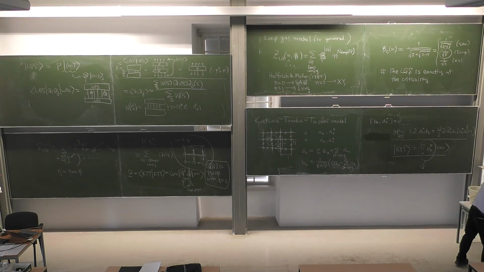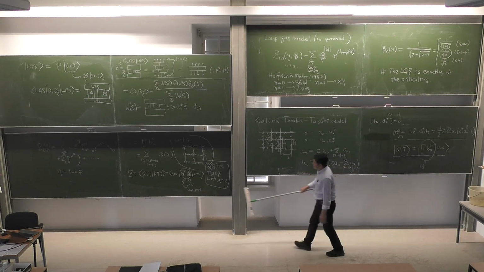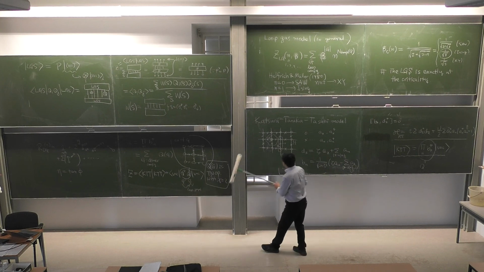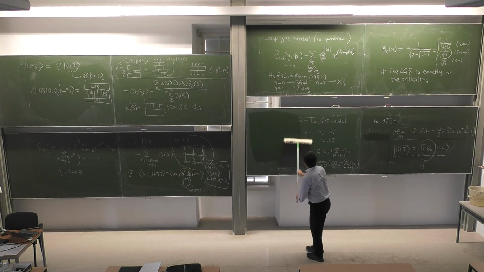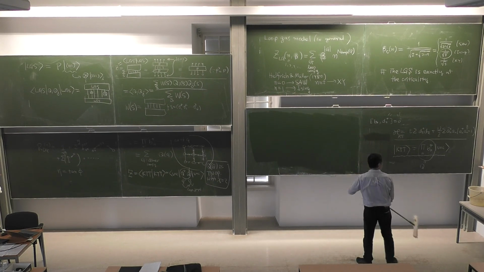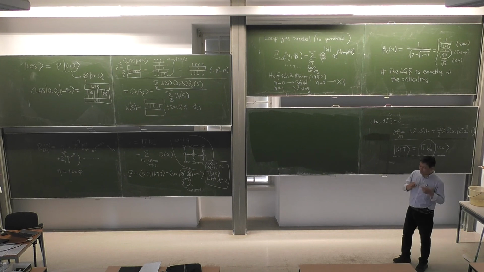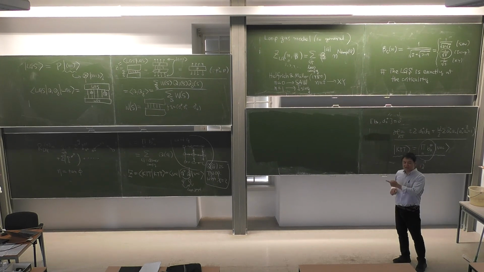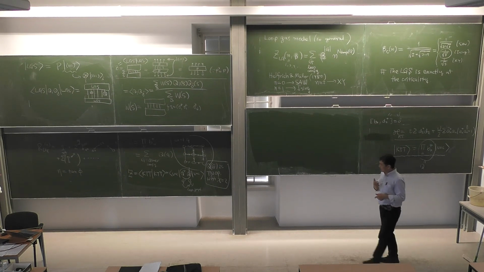I'm skipping details here, but in the end, you can express this part by a loop gas with bond dimension 3, which means there are 3 possibilities. One possibility is, for a given edge, we don't have anything. Another possibility is we have a line going in one direction, or another possibility is a line going in the other direction.